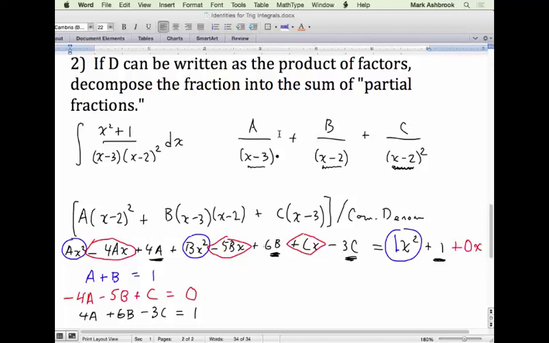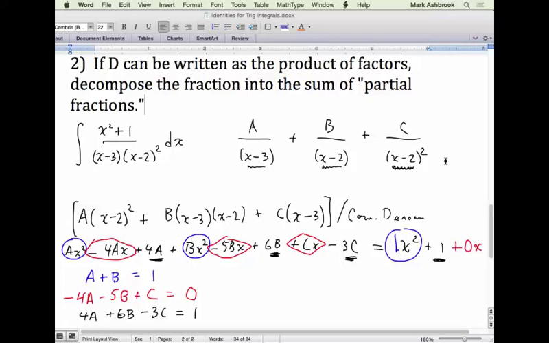So I'm asking, what do I multiply top and bottom by to get the common denominator? So if my common denominator is x minus 3 times x minus 2 squared, what do I need to multiply top and bottom by here to get that common denominator? x minus 2 squared. Right, and what about in this one? I've got 1 x minus 2. So you just need 1 more x minus 3. And then what do I need to multiply top and bottom by here? Just x minus 2. Make sense? Yeah.